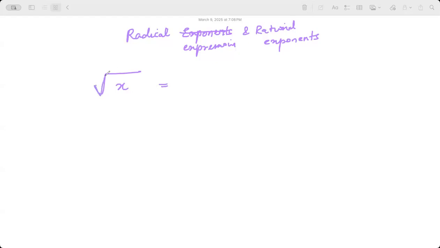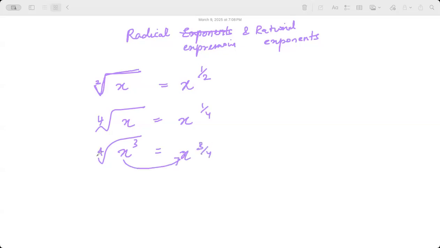When you have this radical sign, it becomes one half. That means implicitly, if no number is written, it's square root. How about if I write it like this? What does it become? X to the power of? 1/4. So suppose I have this, what will it become? X to the power of 3 over 4. You write this as it is, but the radical gets converted to a rational, meaning a fractional exponent.